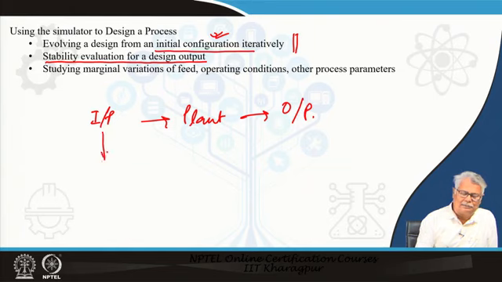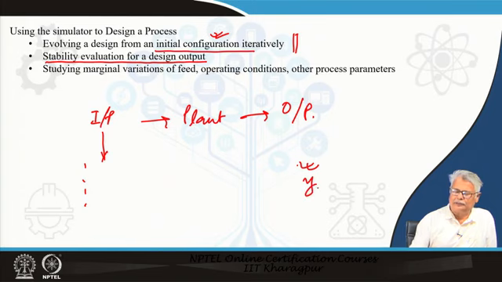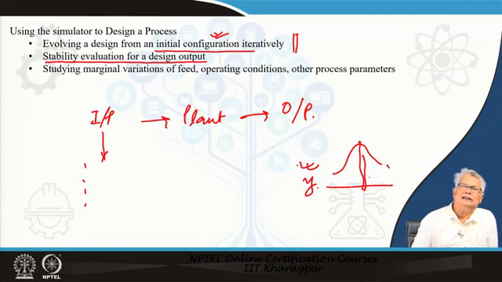So, you can run the simulation many times, say m number of times, with the variation of the input variables within plus minus 3 sigma, evaluate and find out the distribution of the output y, and possibly with this we can say that this particular design is more stable as compared to the other.